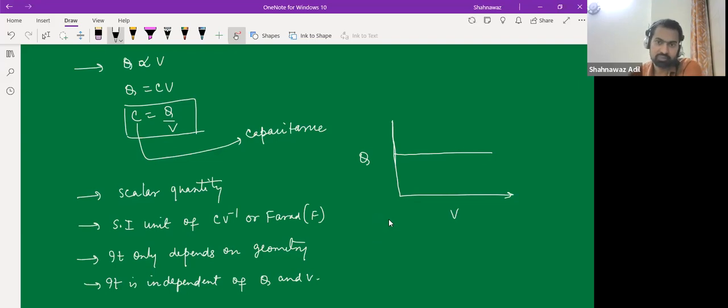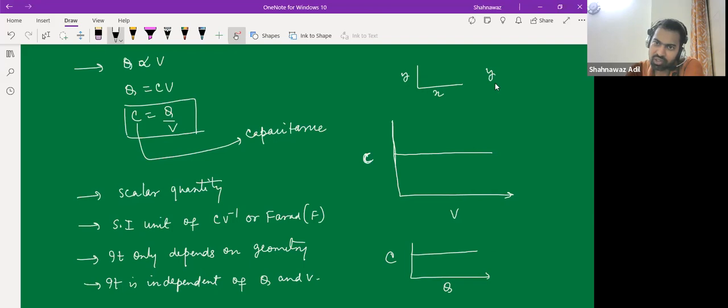Is this clear? C is constant. If you change the charge, C will not change. This will again be constant. Y is mx, right?